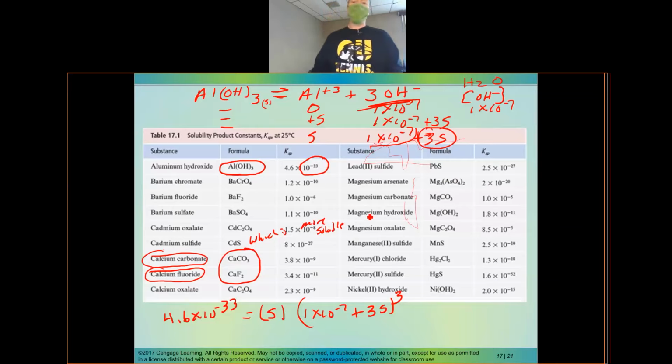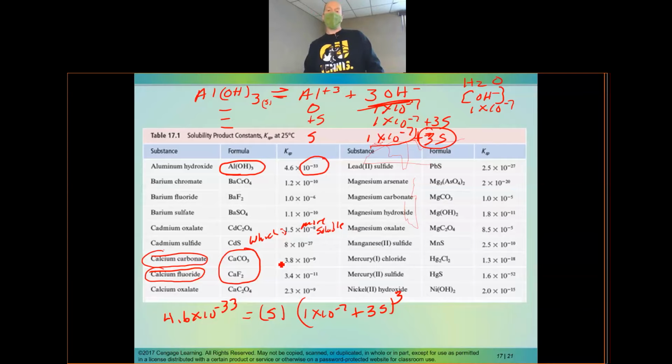All right, and so the quick answer, which may or may not be right, I'm hoping it's not right. So the quick answer is, you see that the KSP here is a much smaller number by a factor of 100. And so you would say, well, since this has a lower KSP, then it is less soluble. And I'm trying to pick this question out so that that's the wrong answer. Pretty sure that is the wrong answer.